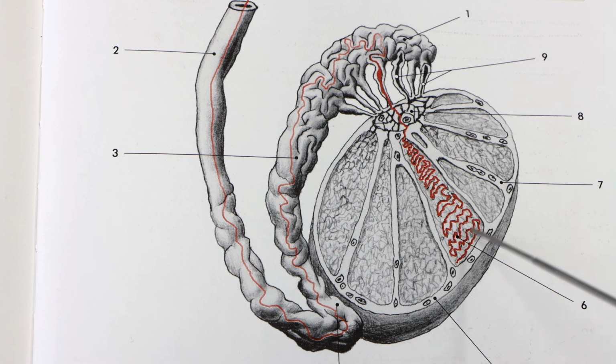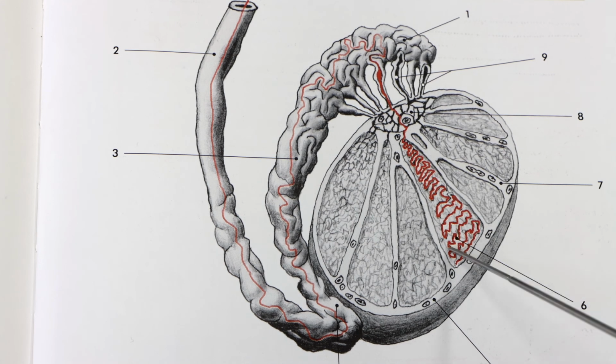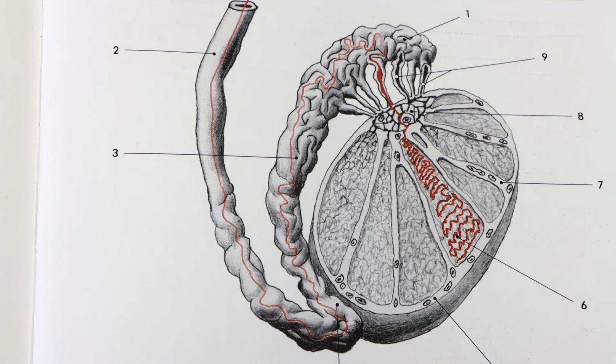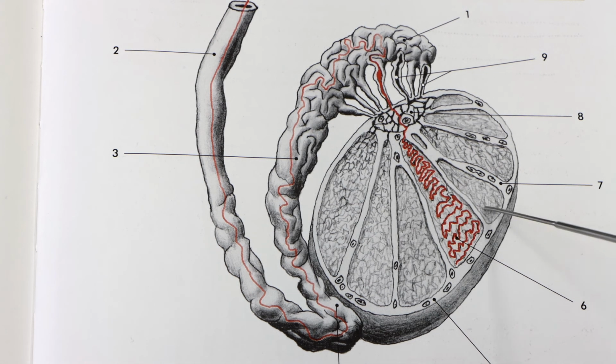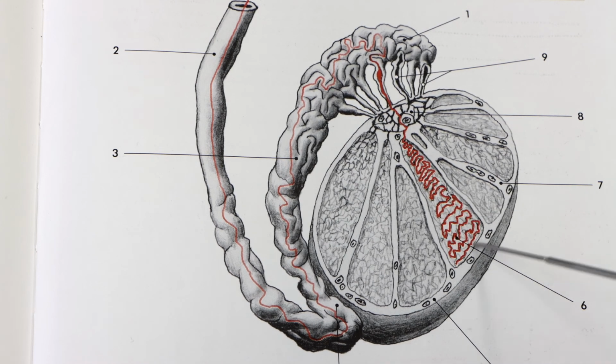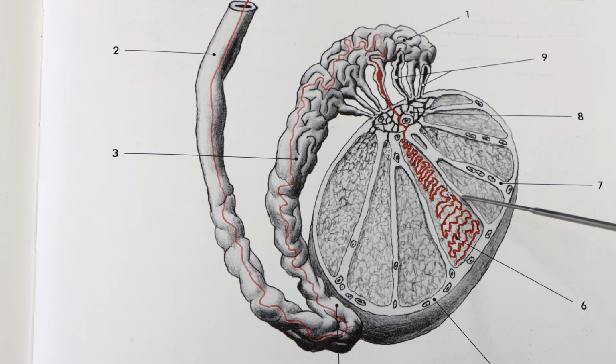Inside the lobules of the testis, as you see here in more detail, you can see ducts called seminiferous tubules or seminiferous ducts. These seminiferous tubules, in the beginning from the base, are the convoluted part, turning around each other.